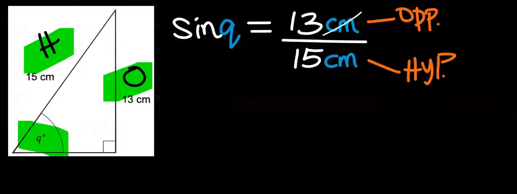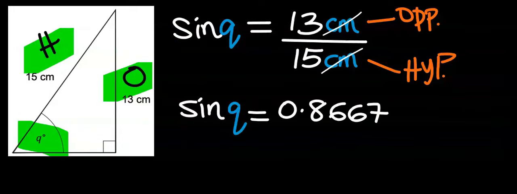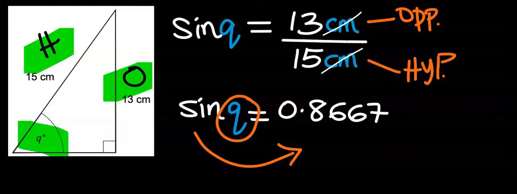Next, centimeters will take away centimeters. Next, 13 divided by 15. We're going to have 0.8667 to 4 decimal places. Next, we're going to isolate Q. Hence, sine will move to the other side to become sine inverse.